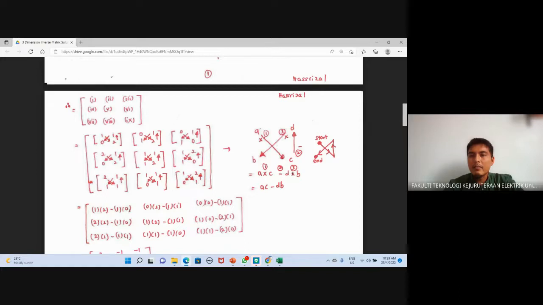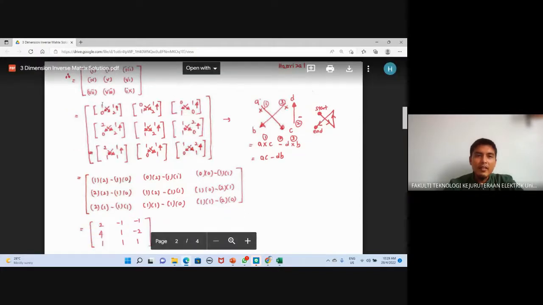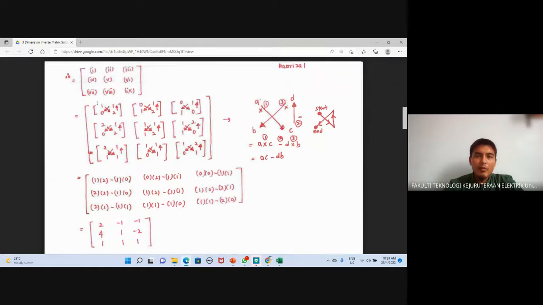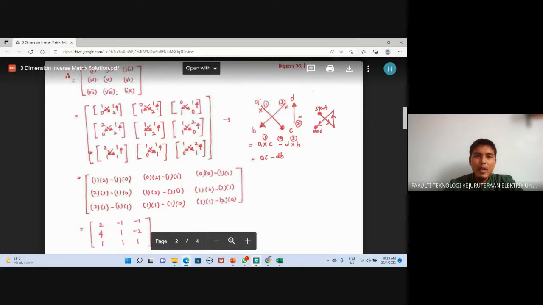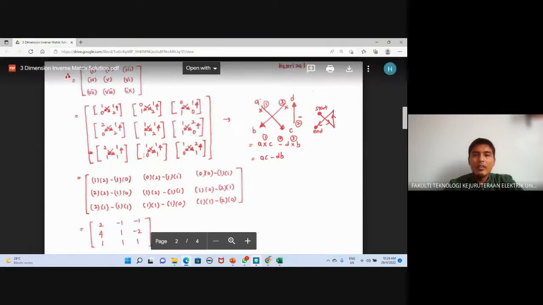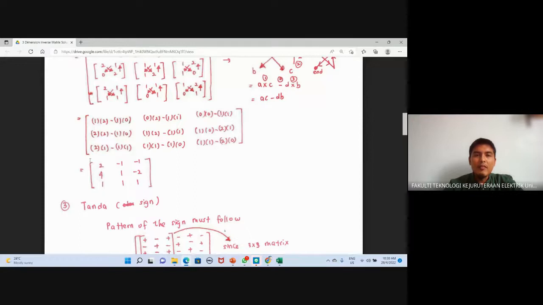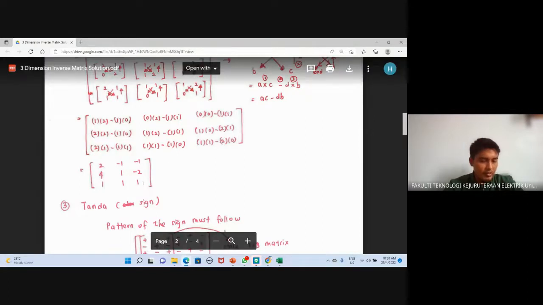In this case, the first number 1 multiplied with 2 minus 1 multiplied with 0. After you get all these values, this is the value after you tutup.